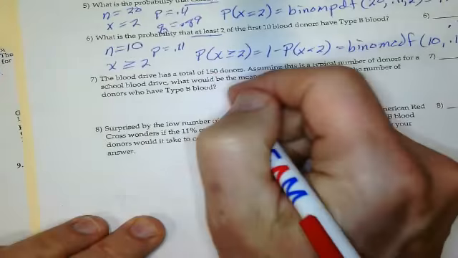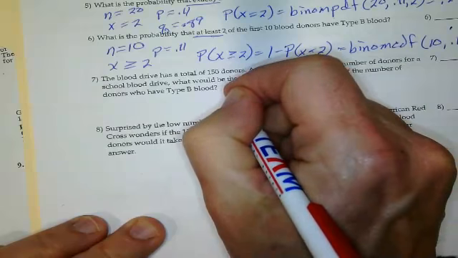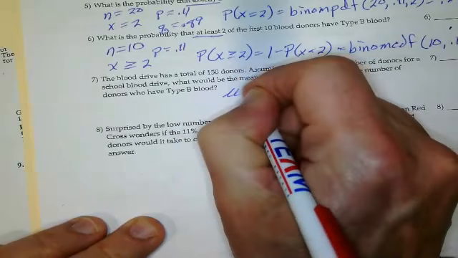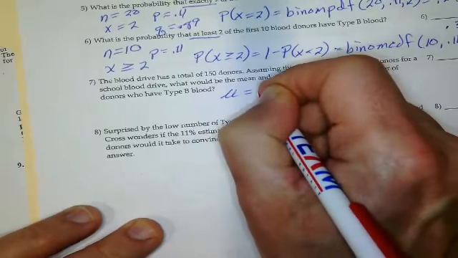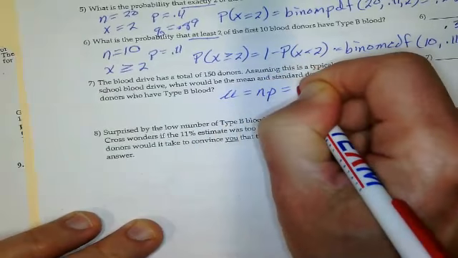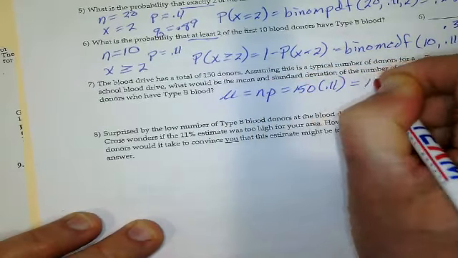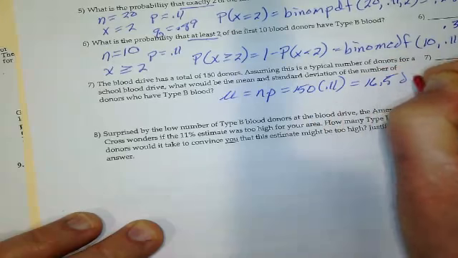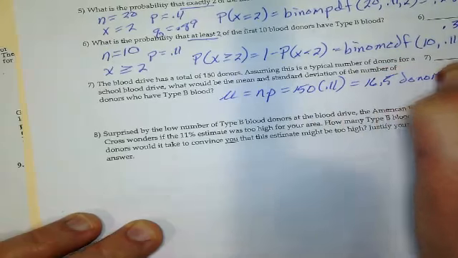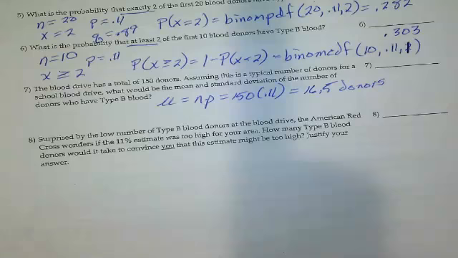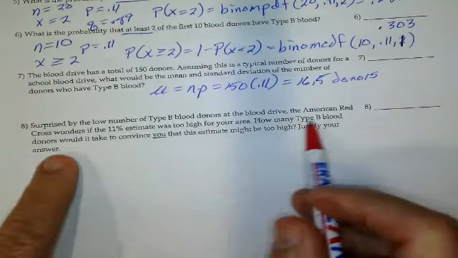So my mean, my mu, is going to be NP, which is 150 times 0.11, which is 16.5 donors. You can do the multiplication yourself. That's 16.5 donors.